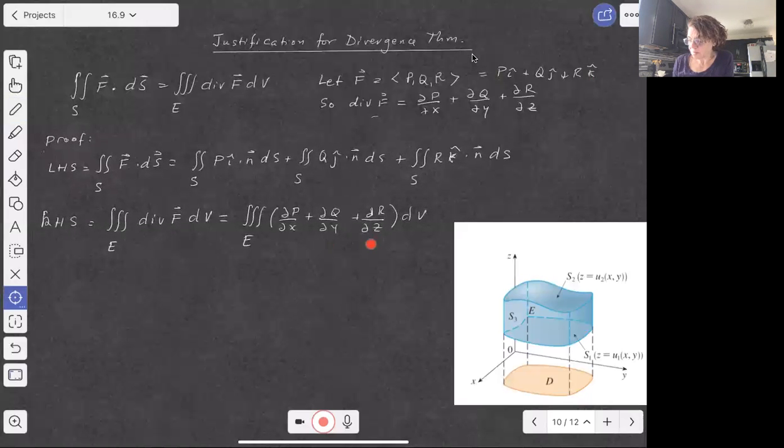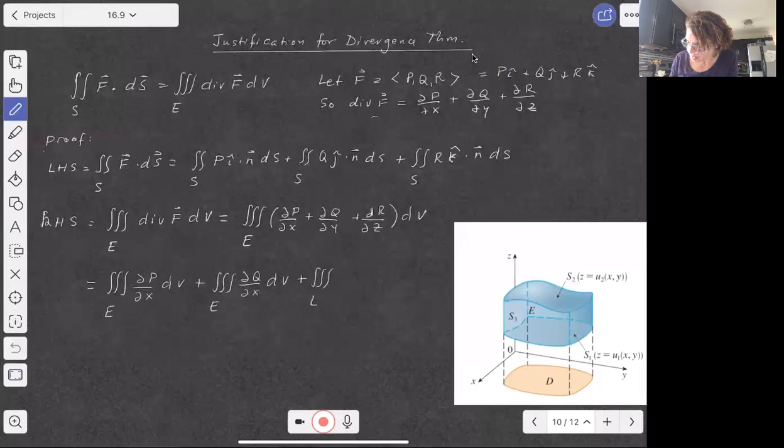All right, so this one is not completely done. It's got three terms in it, so I can separate this one into three separate integrals. This one is going to equal the triple integral over E of dP/dx dV plus the triple integral over E of dQ/dy dV plus the triple integral over E of dR/dz dV.